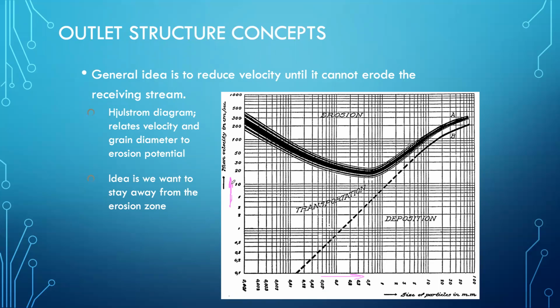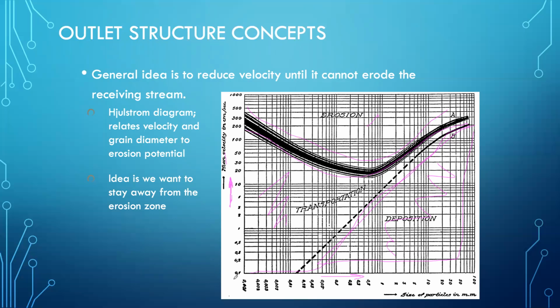And this vertical axis is mean section velocity. And there's three areas on the diagram. There's a zone of deposition, a transportation zone, the diagram has a weird shape indeed, over here, and then the erosion zone.